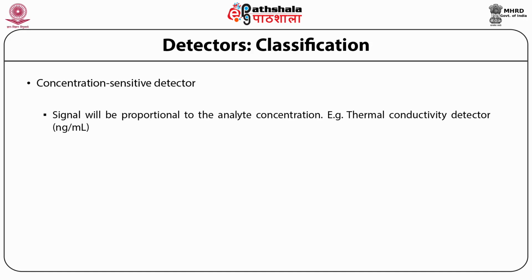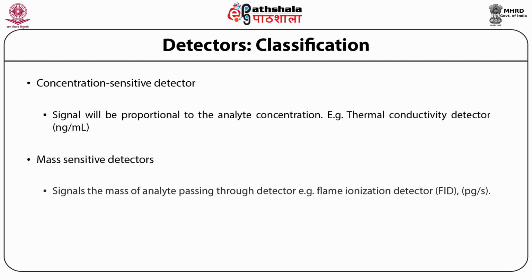An example is the thermal conductivity detector, which gives results in concentration terms like nanogram per milliliter. On the contrary, a mass sensitive detector signals the mass of analyte passing through the detector in a given time. For example, the flame ionization detector, which gives a result in mass per time, that is picogram per second.